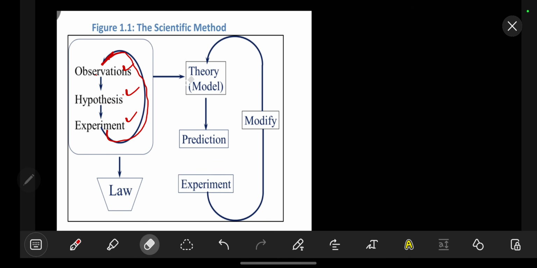Since those are the truths, you are able to predict, if you use a certain amount, to give you another amount. Then from there, we could have other experiments which bring about the modification of a theory, if any. That means the theory might be strengthened or have some things added. Then we have the theory model.